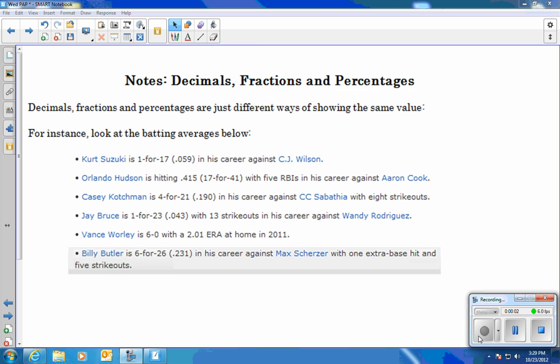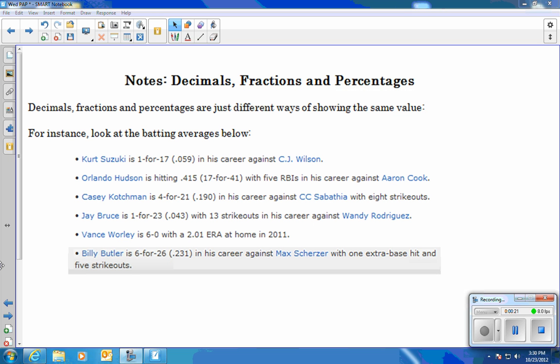This lesson is over decimal, fraction, and percent conversions. First of all, you need to realize that decimals, fractions, and percents are all just different ways of showing the same value. For example, Kurt's batting record is 1 for 17 in his career against C.J. Wilson.